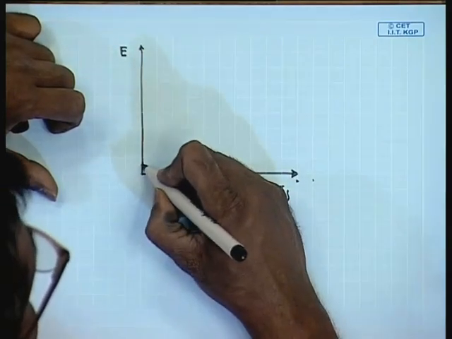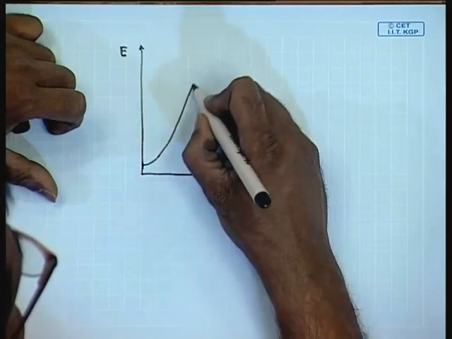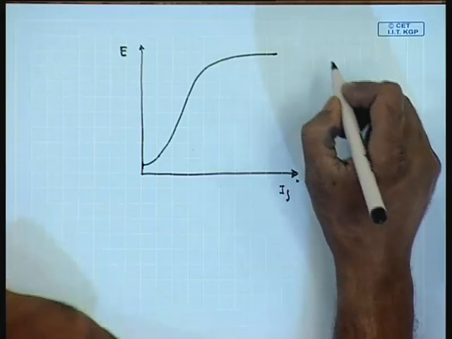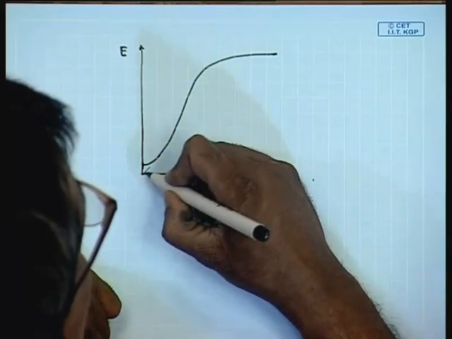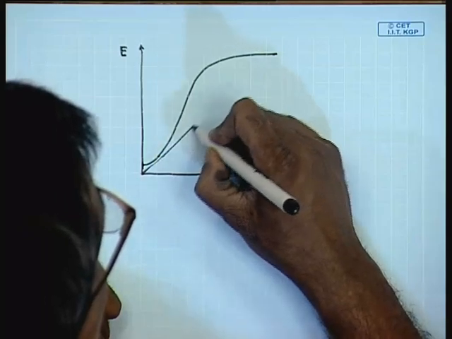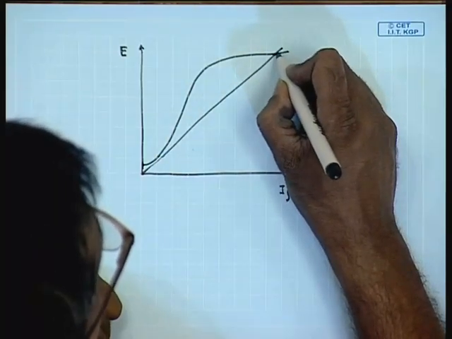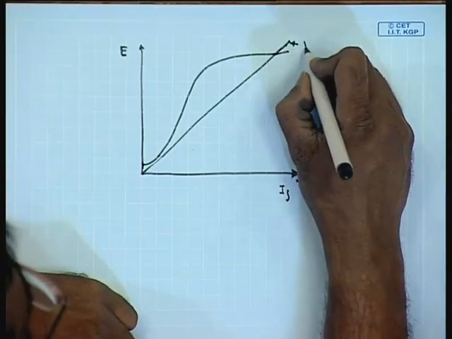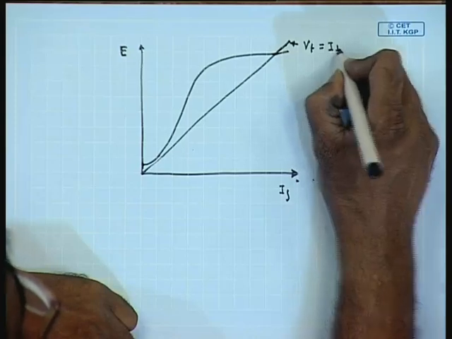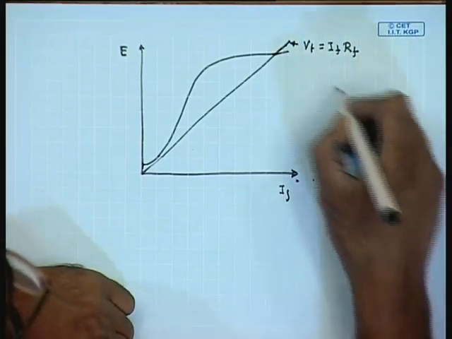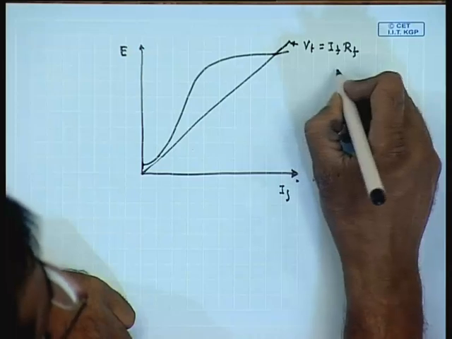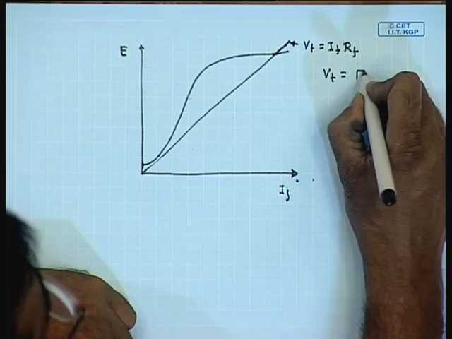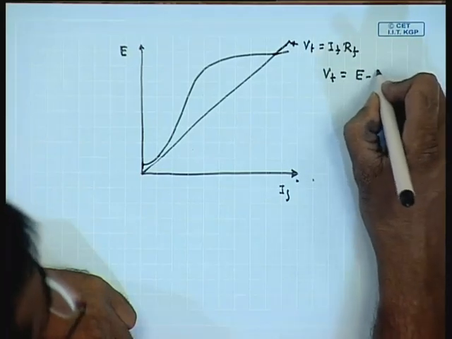If this is the OCC of the generator at rated speed and this is the field characteristics Vt equal to If Rf at no load, Vt equal to E minus If Ra.